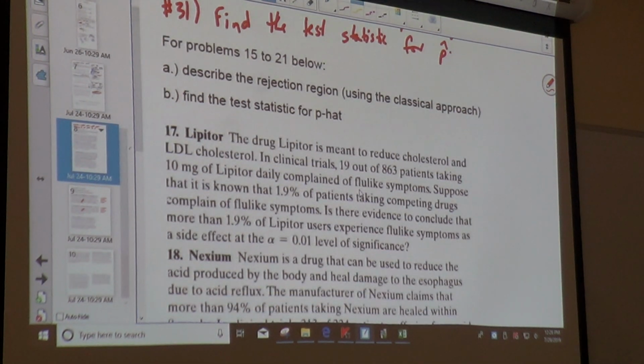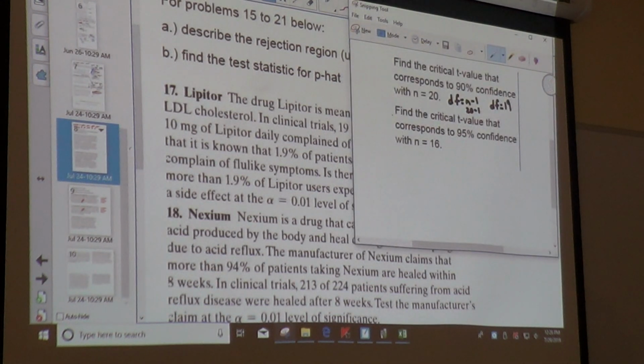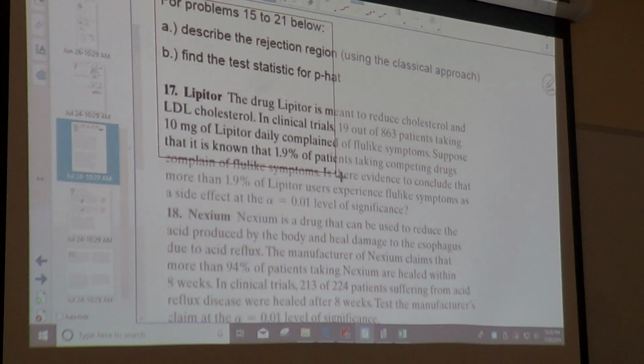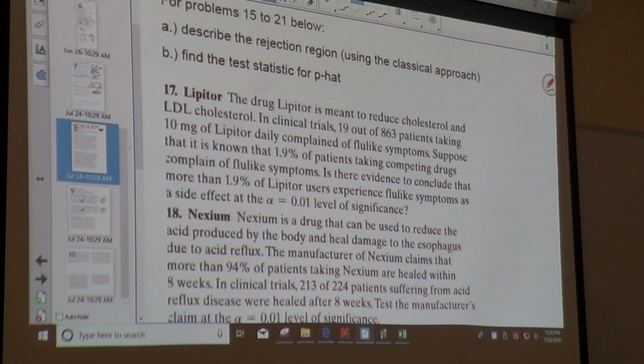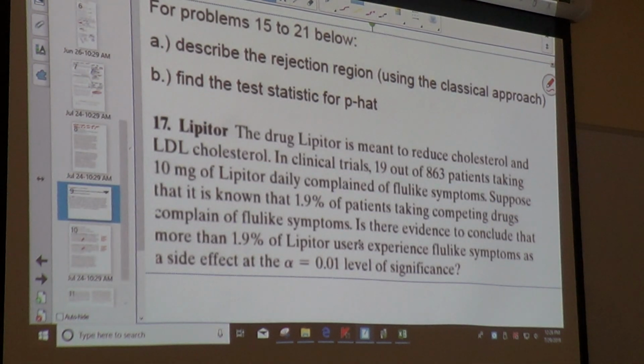Alright, so let me just steal one and put it on another page so I can have some paste.